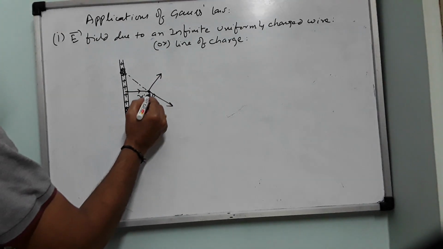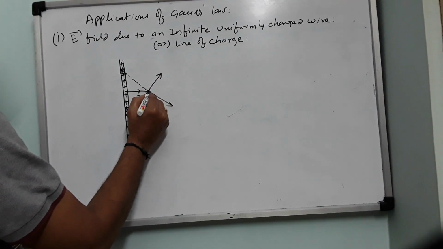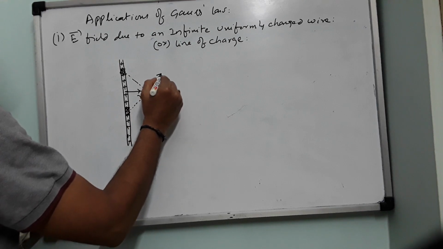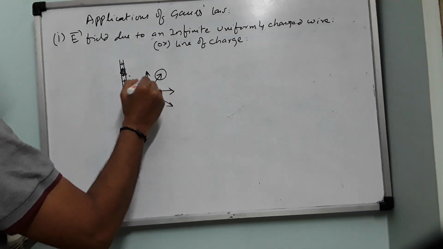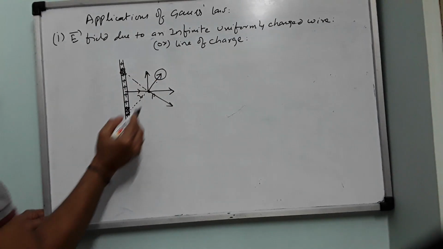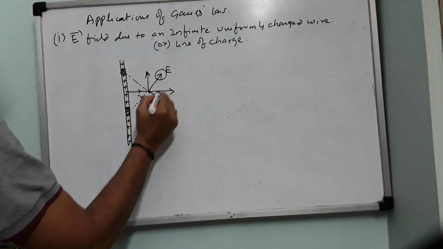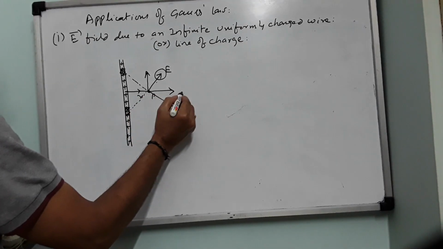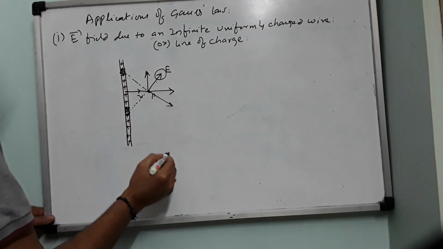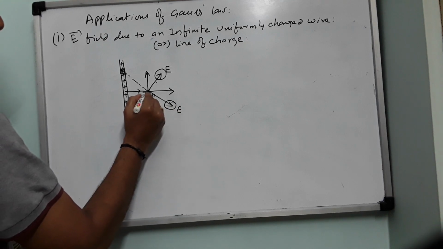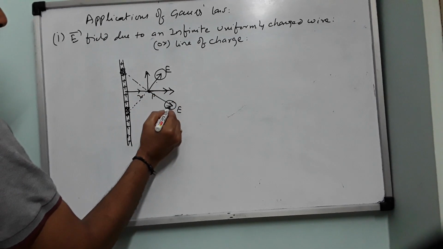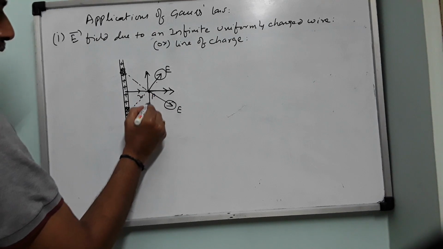Now if I resolve them into components, this is the cosine component of this vector and this is the sine component of this vector. So this E is resolved into two components, horizontal and vertical. Similarly, if I resolve the other E, this is the cosine component and this is the sine component.